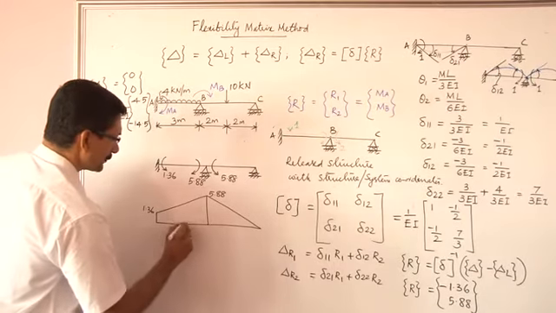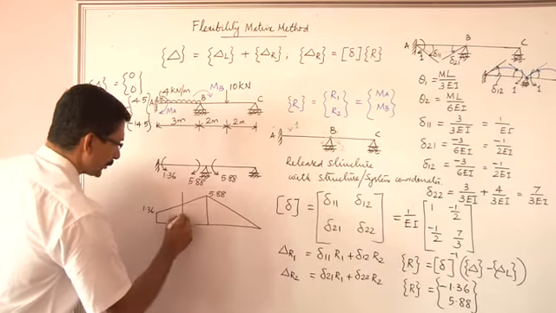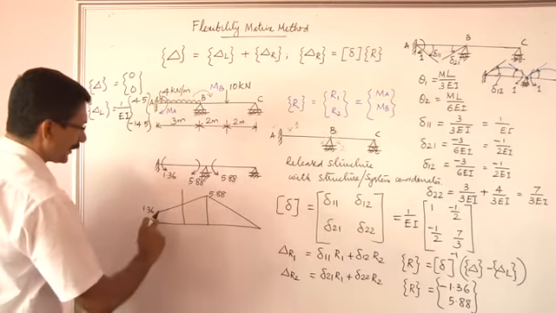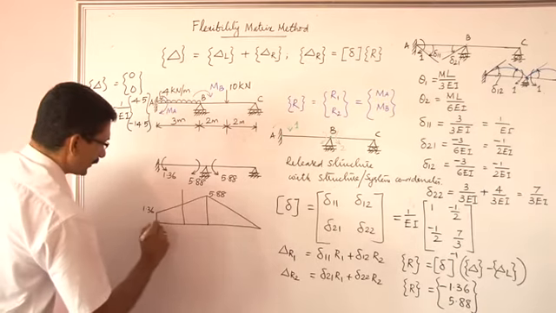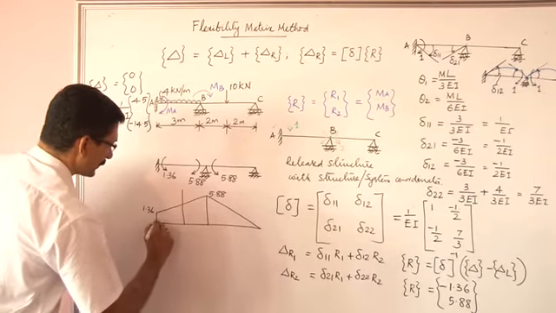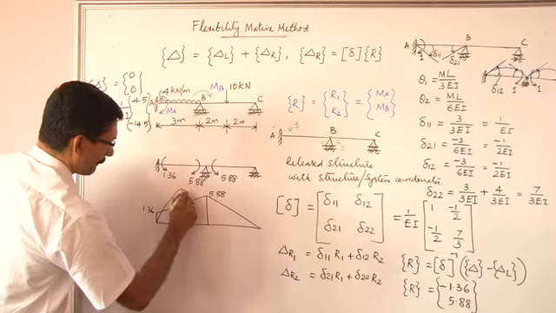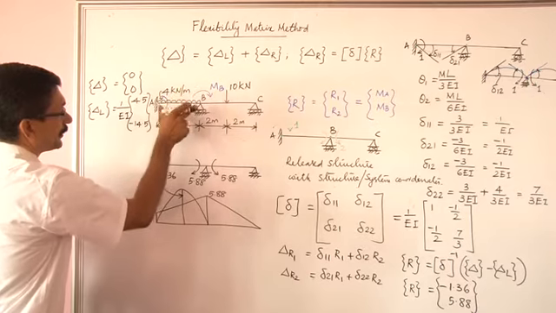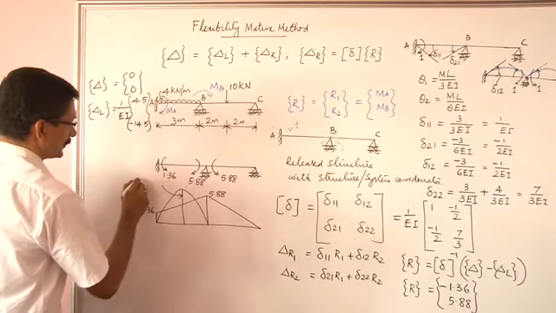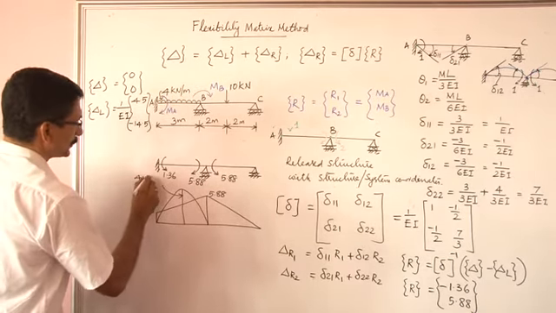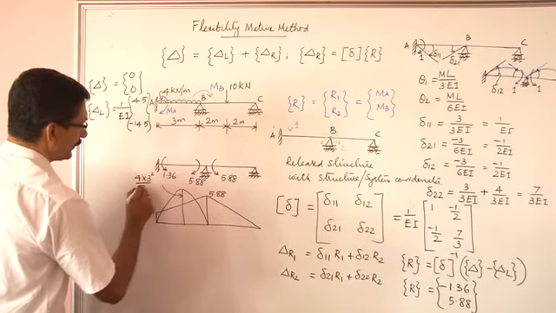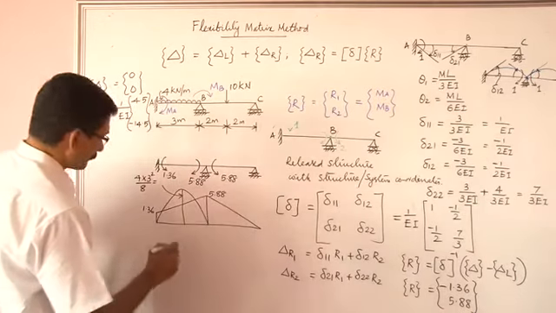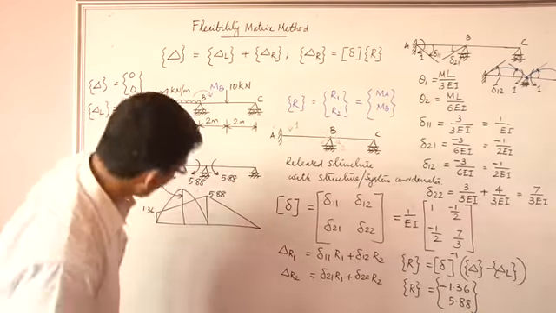So if you superimpose the simply supported bending moment diagram for a simply supported span with UDL alone, it would have maximum ordinate at the center and variation like a parabola. This ordinate is given by W L square by 8. That is 4 into 3 square divided by 8, which is 4.5, of course.